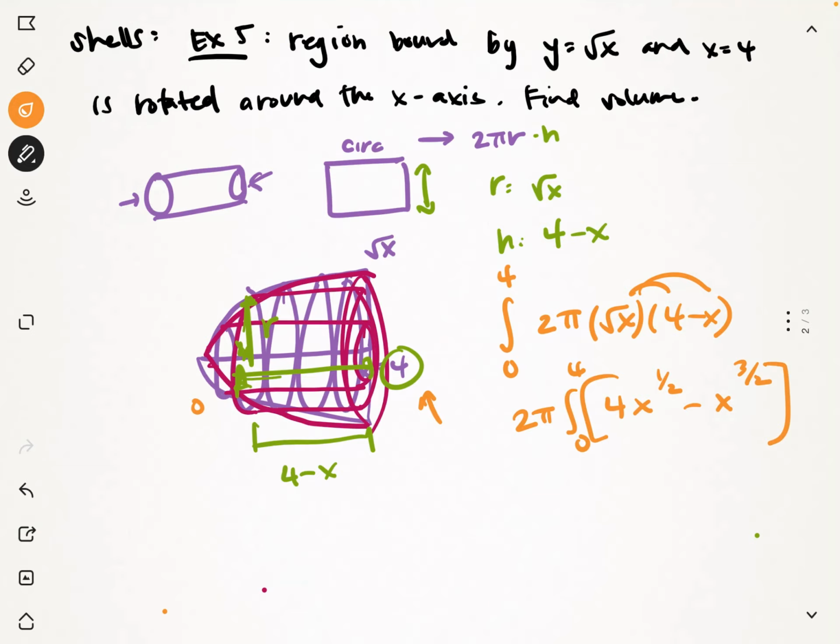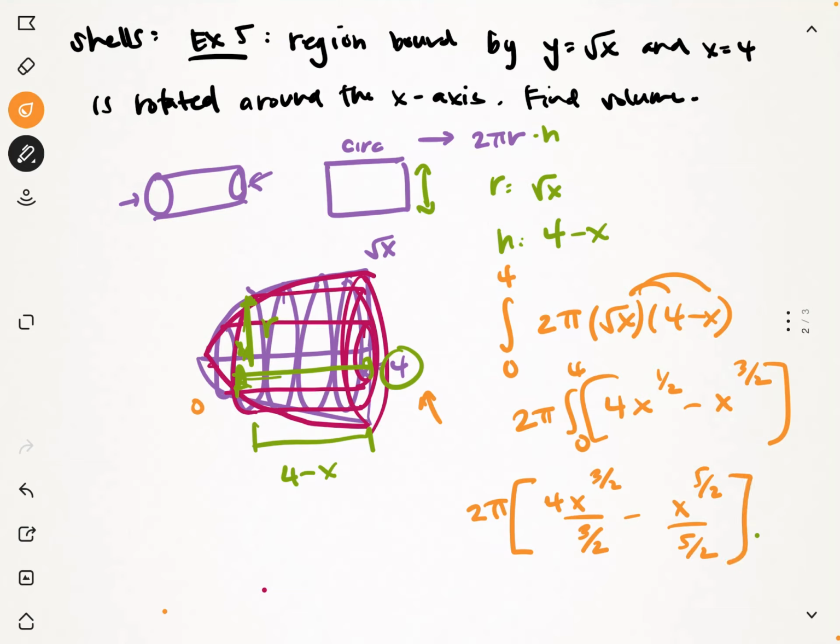Okay, and then let's continue. Let's do our integral. So 2 pi, and then we have 4 to the 1/2, so that's going to be 4x to the 3/2 over 3/2 minus x to the 5/2 over 5/2.